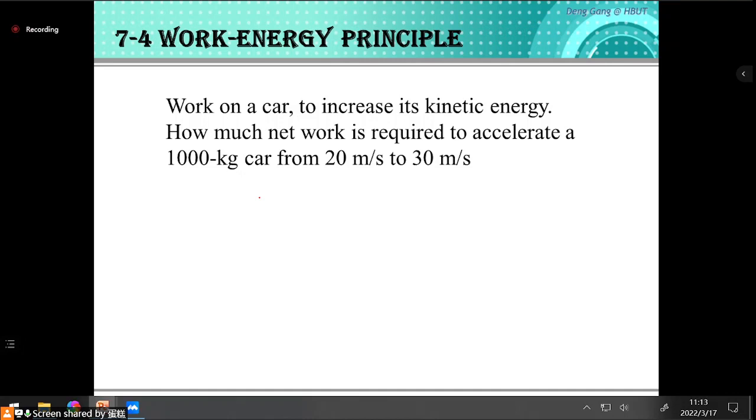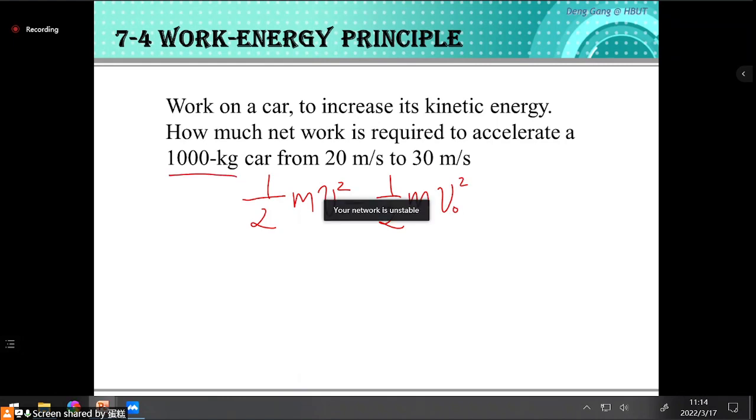The work required to accelerate this means we do work to increase its kinetic energy. So the change in kinetic energy should be equal to half mv square minus half mv0 square, and this is the work, and the mass is this.